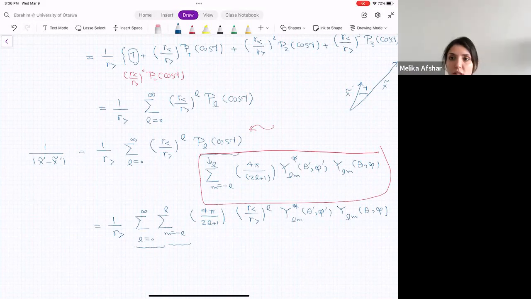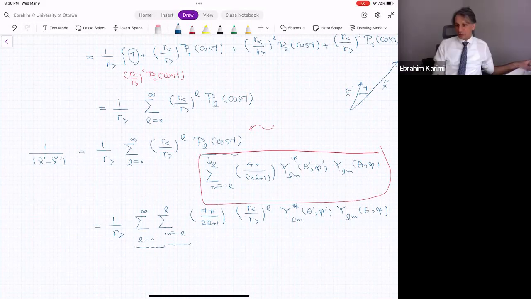Bessel functions have the form of a summation. So maybe the expansion, was it a summation or was it something else? It was an integral.